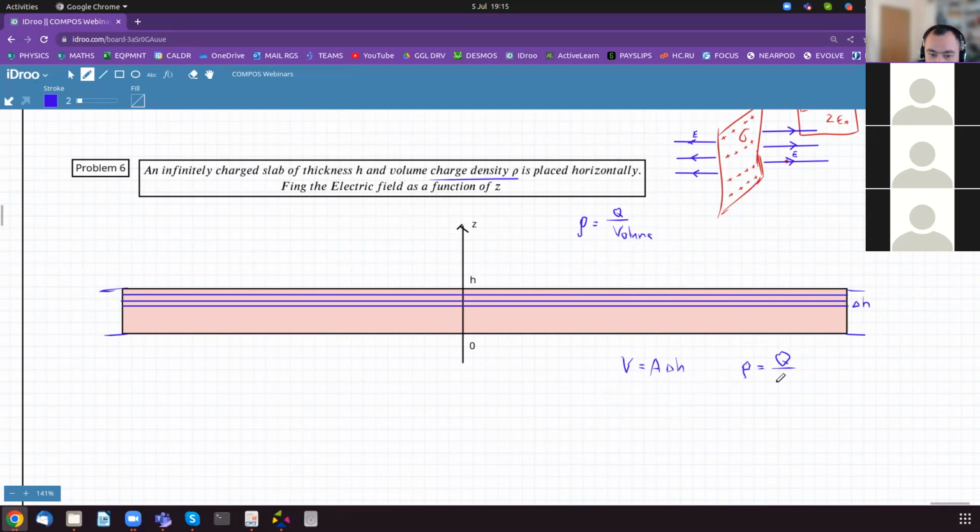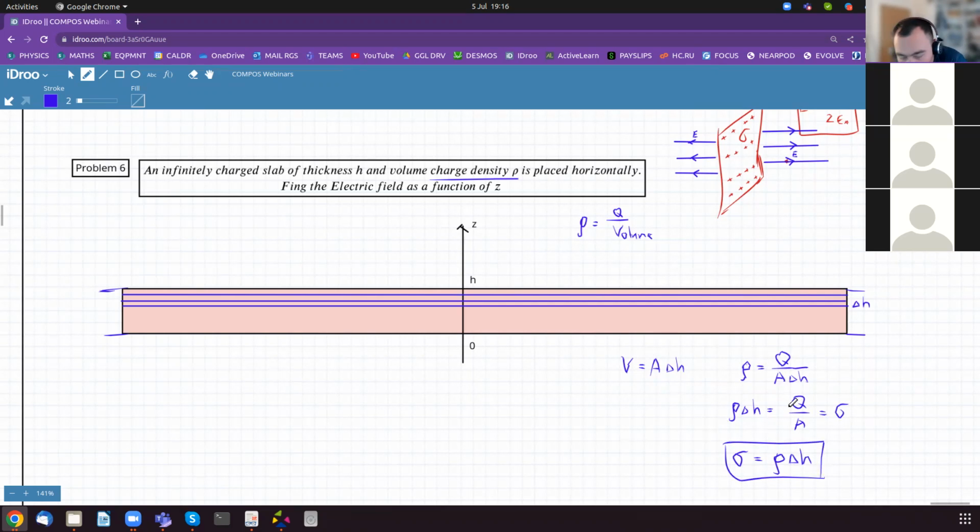So it's Q divided by A delta H. If we multiply by delta H, we get rho delta H is equal to Q over A, which is also known as sigma. So sigma for this plate is the volume charge density times delta H. This is an important result.